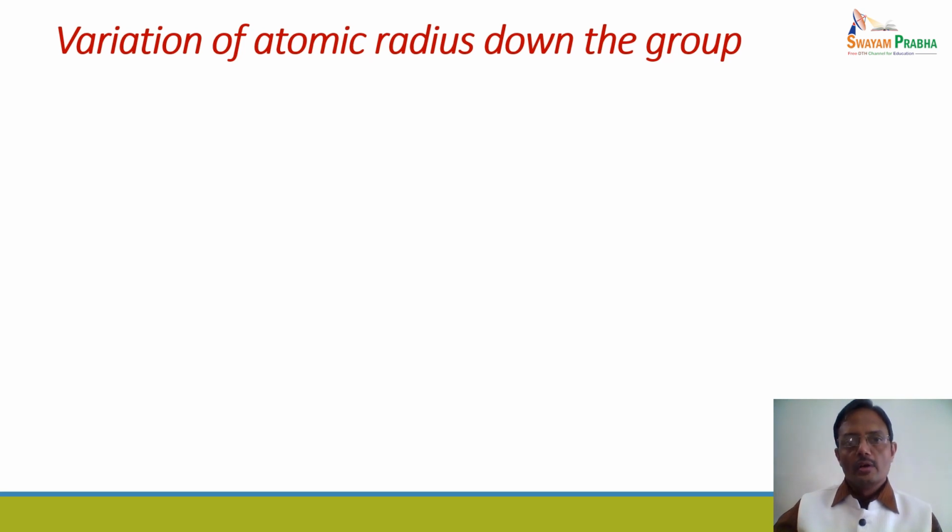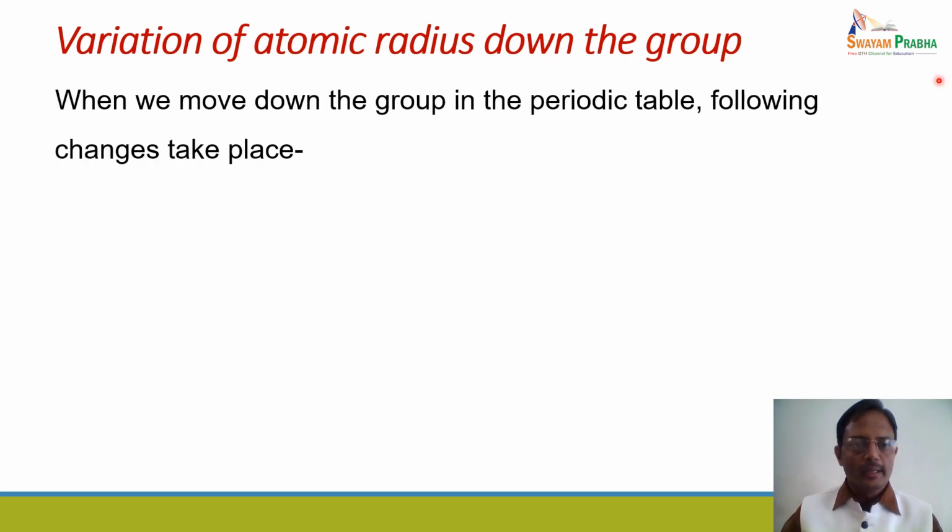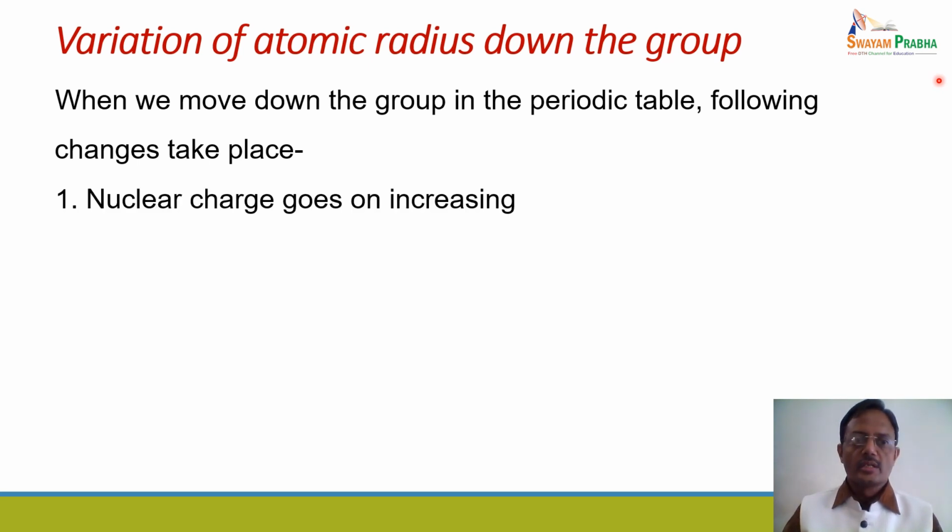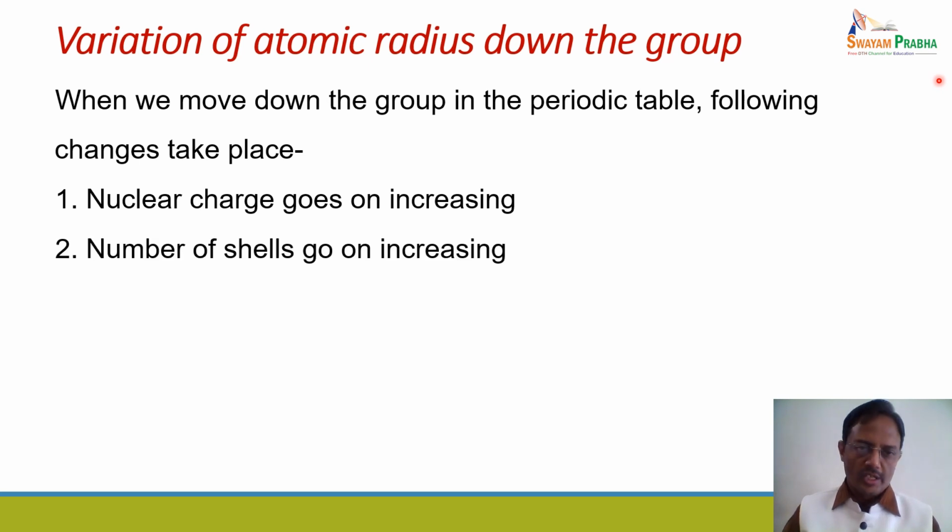Now let us see how the atomic radius varies down the group. When we move down the group from first period to second period to third period, there are certain changes taking place. The first change is that nuclear charge goes on increasing continuously, which is obvious because the atomic number is increasing.